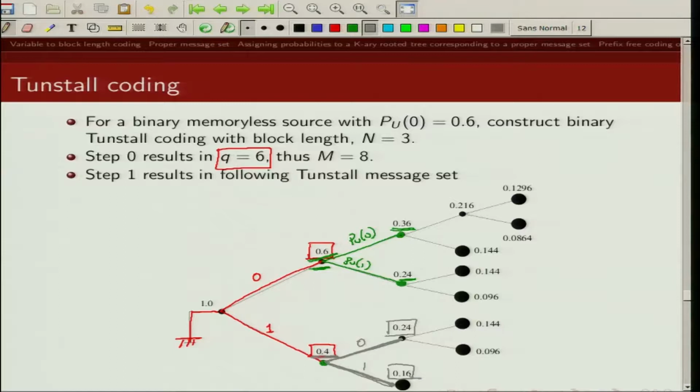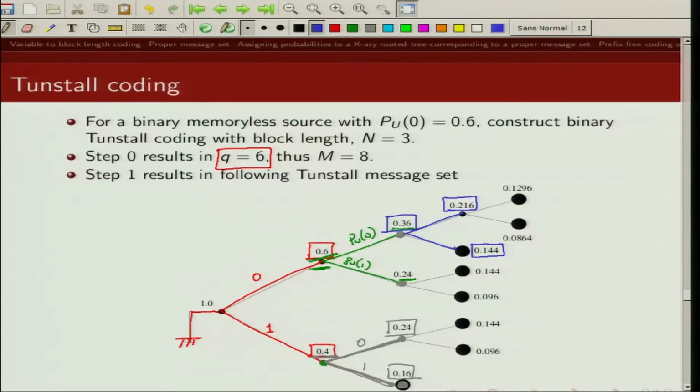Third, at this point, what are the probabilities of the leaves? This is 0.36, this is 0.24, this is 0.24 and this is 0.16. So we can see that this particular node has the highest probability. So our third extension will happen from this leaf. If I extend this leaf, this probability is 0.36 into 0.6 and this probability is 0.36 into 0.4.